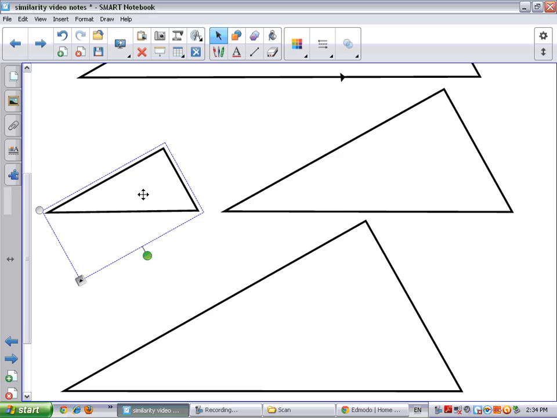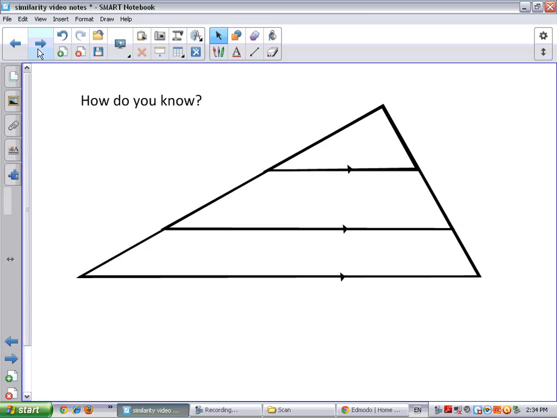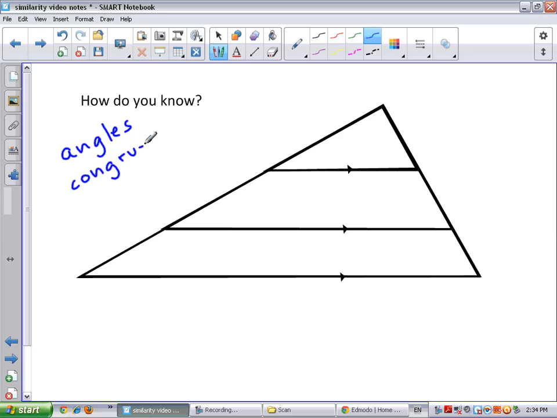This appears to be the same shape as this, just smaller. And so we then have to ask ourselves, and I think this comes naturally after we've done congruent triangles, how do you know? And what we know about similar triangles is that their angles have to be congruent and their sides have to be proportional.